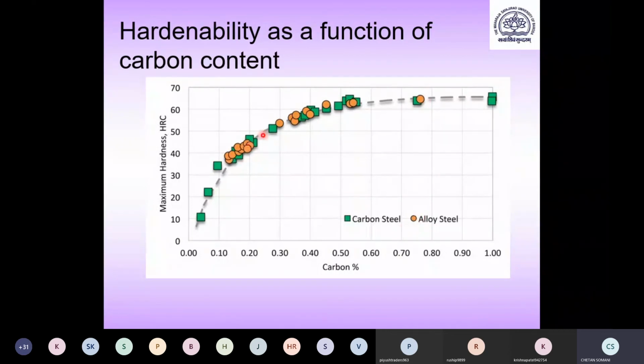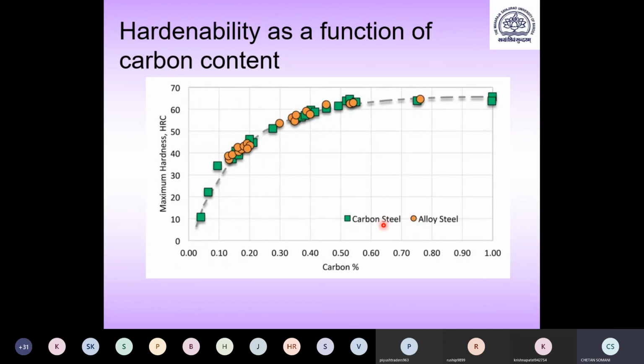Yellow dots show alloying elements and green boxes show carbon content. As you increase the alloying elements, you get higher hardenability. As you increase the carbon content, you still get better hardenability.